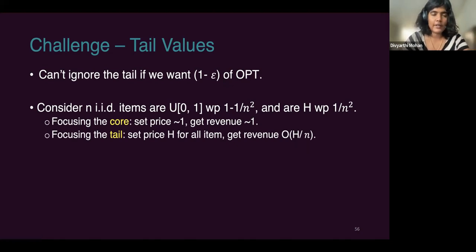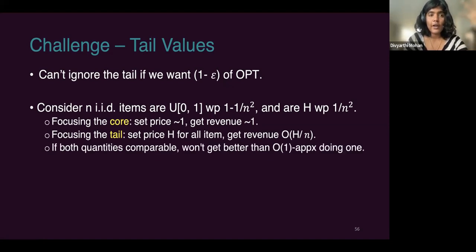We can't just ignore the tail. Actually, we can't just ignore the core either. If we ignore one, we can't do better than a constant approximation, and we are interested in 1 minus epsilon approximations. So we have to handle both, and that is the tricky part.